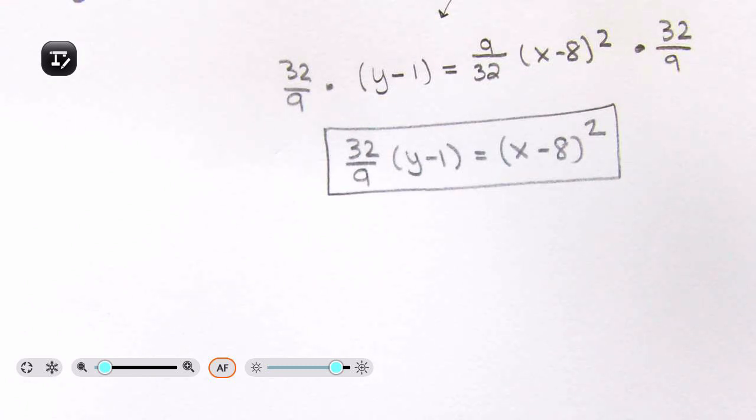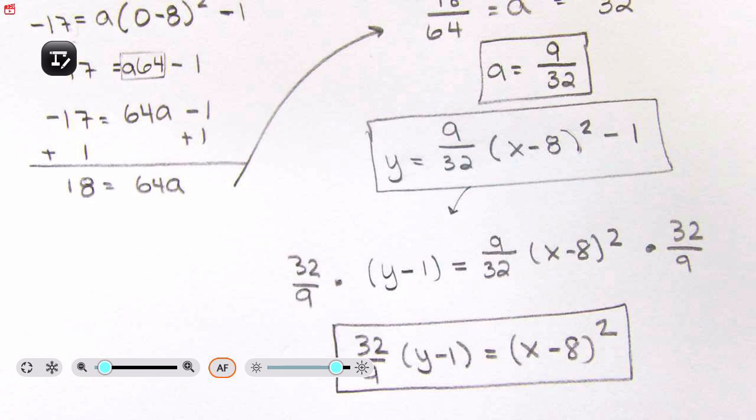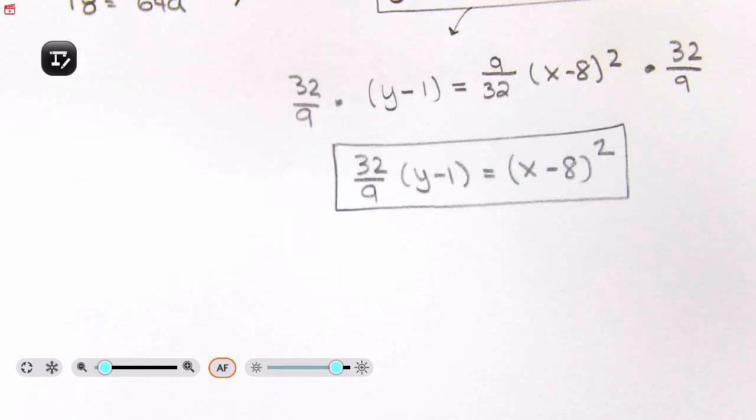So sometimes you're going to watch videos that call this the standard form. Sometimes you're going to watch videos that call something else the standard form. This the standard form. This is maybe the generic form. So there's very different ways to name these type of equations.